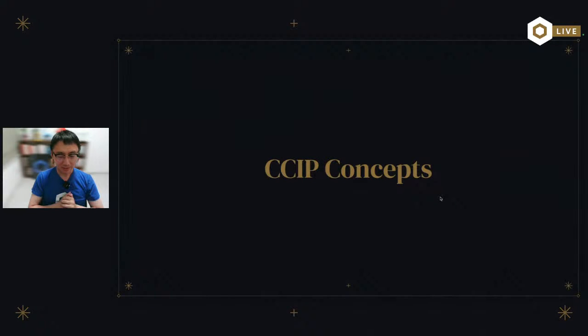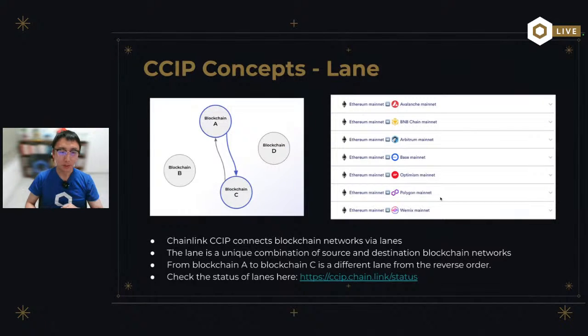Okay, next are some concepts of CCIP. The first one is the lane, which Enoch mentioned earlier.